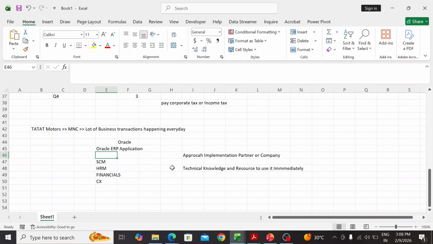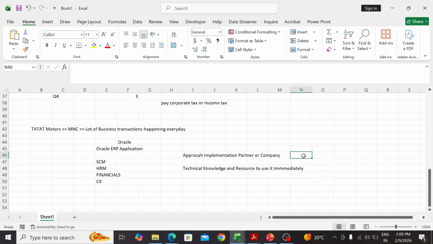If something goes wrong, at the end of the day Oracle becomes the responsible point of contact to rectify the issue. Without the technical knowledge of this application, Tata Motors people cannot implement the software. What are they supposed to do? They will have to approach the implementing partners or companies.